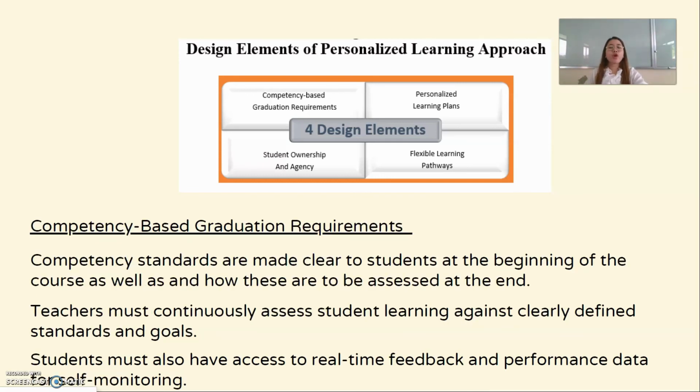And then for the competency-based graduation requirements, we should always consider that our target is for them to gain mastery of the competencies, of the lessons. So we have to provide them real-time feedback, because feedback will really allow our students to improve their learning.